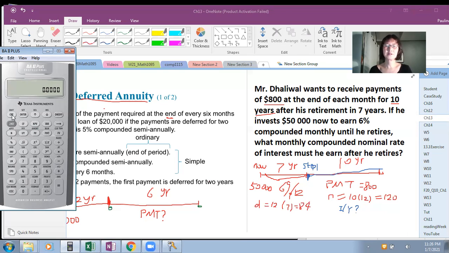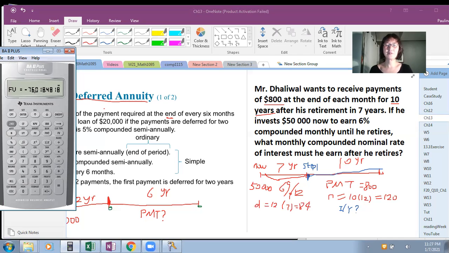Second, quit. 50,000 is the present value. 6 is the interest. 84 is term N. 0 PMT. Compute FV. So this is the future value in 7 years.